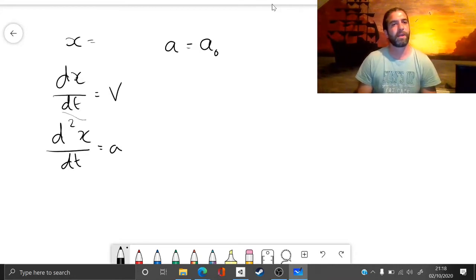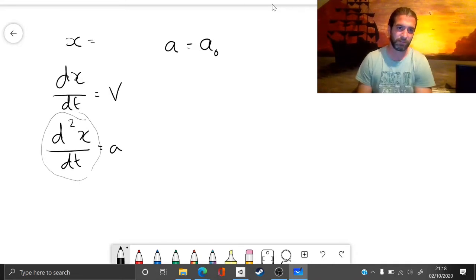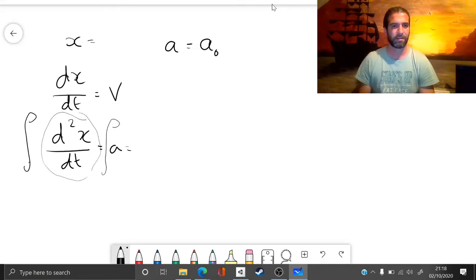So if we want to get from this bit, the second derivative with respect to time of position, you take the integral of these, and then you get the velocity, which is this bit.